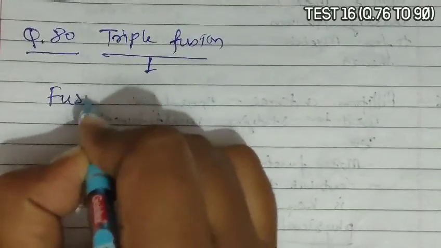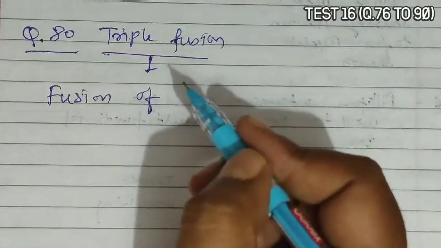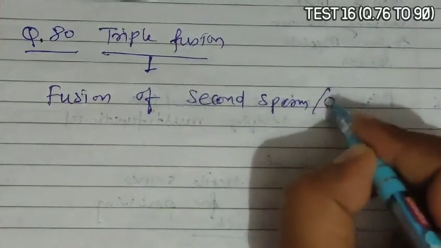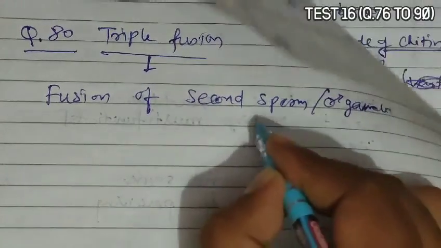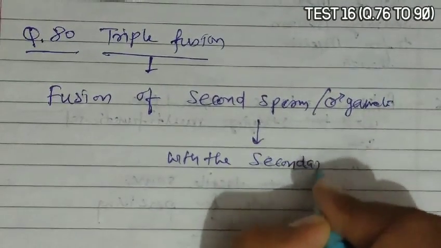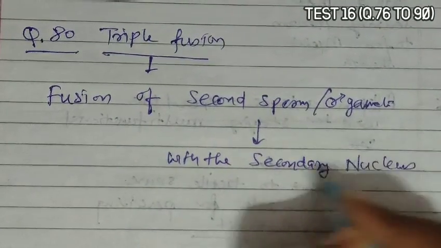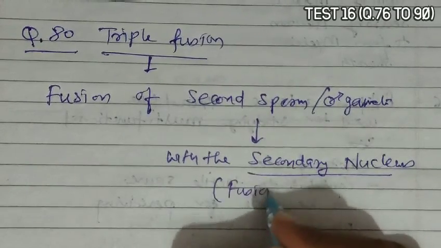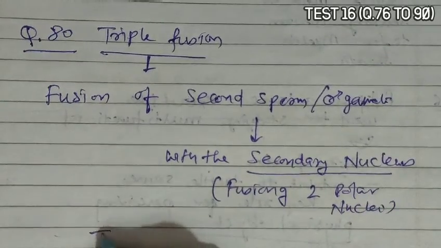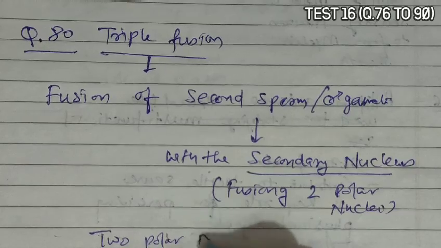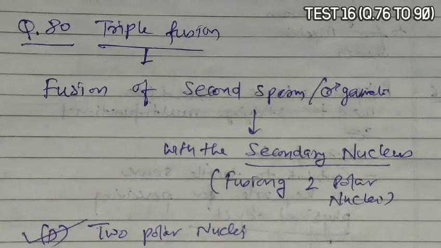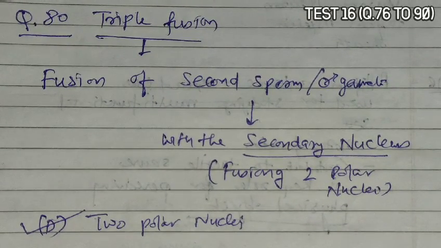Triple fusion is a fusion of the second sperm or male gamete with the secondary nucleus, and the secondary nucleus is formed by a fusion of two polar nuclei, which is given in option D. So that is the correct answer.